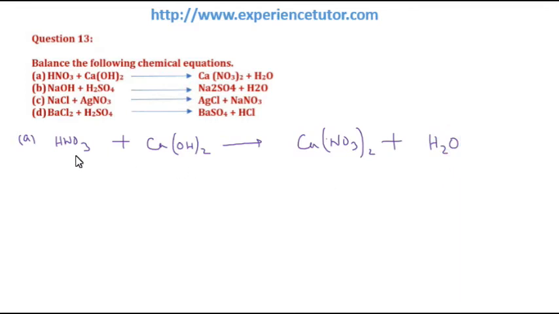So we can balance it as H, so we can write 2 here, then everything is balanced, Ca is balanced, now 2 here, so it is balanced.